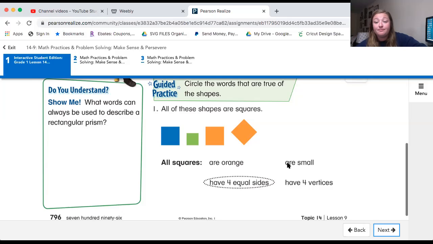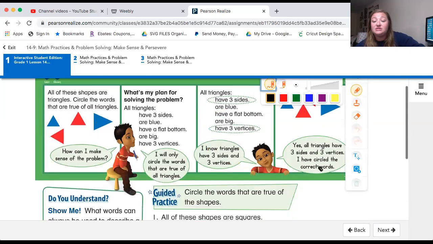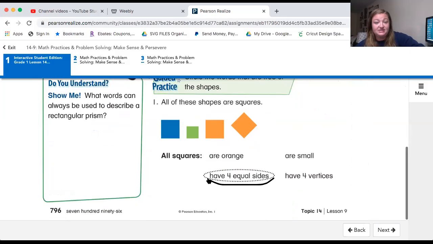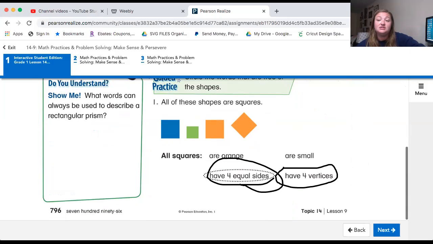No. Some could be really big, some could be really small. All squares have 4 equal sides. Yes, that's absolutely true. And all squares have 4 vertices. That is true too. Remember, we have 1, 2, 3, 4. 4 vertices, 4 corners. So you needed to circle, have 4 equal sides and 4 vertices.